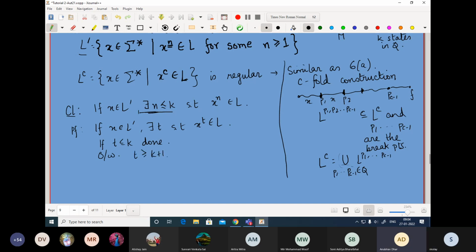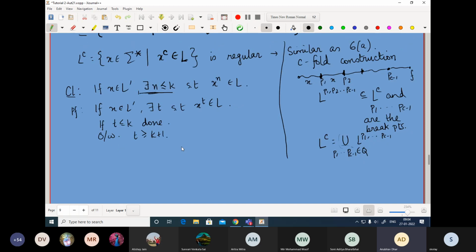And we see the final states of x, x to the power 2, x to the third, and so on. From s you're taking x first. Suppose it goes to P1. Then you take the second copy of x. Suppose it goes to P2, and so on.